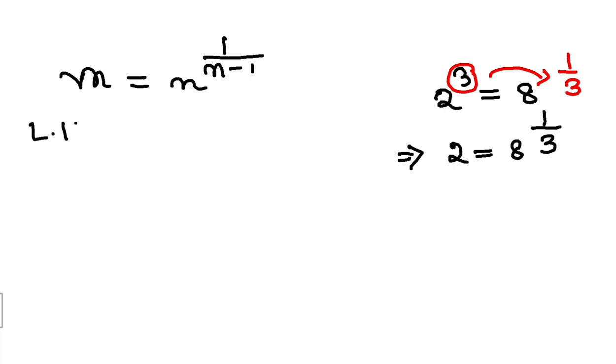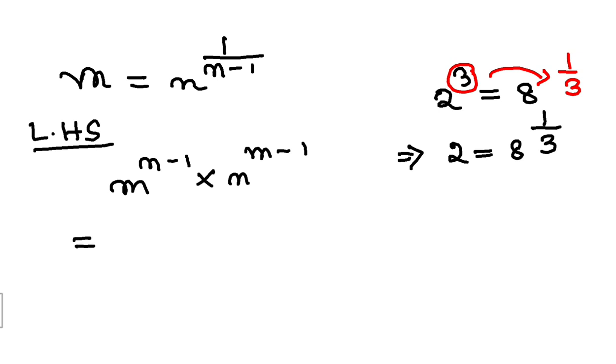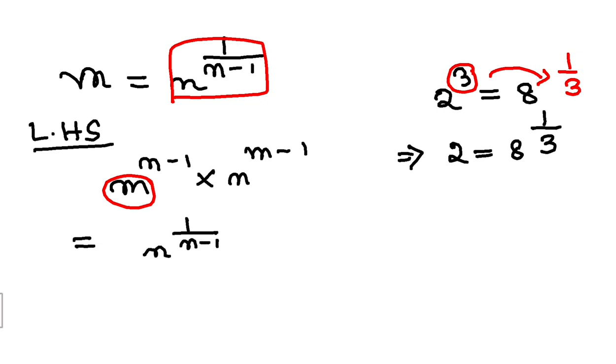Now the expression that you need to prove, your left hand side, is what? m to the power n minus 1 into n to the power m minus 1. Okay, this means in place of m, I am going to write this quantity. So in place of m, I am going to write n to the power 1 by n minus 1 whole to the power n minus 1 into n to the power m minus 1.